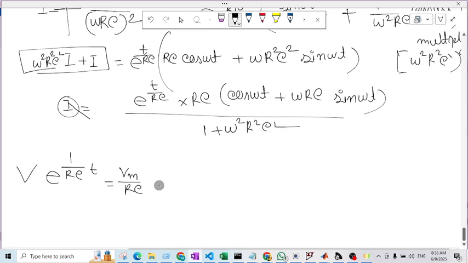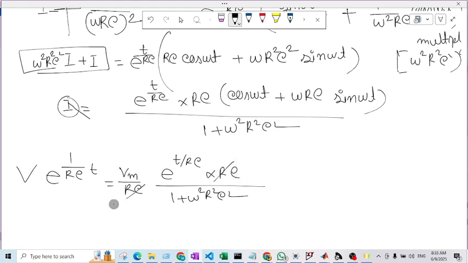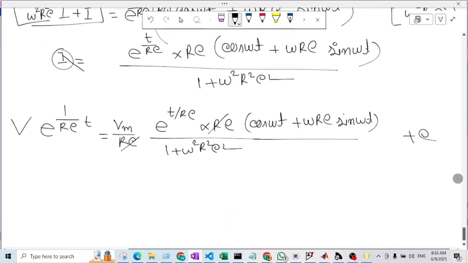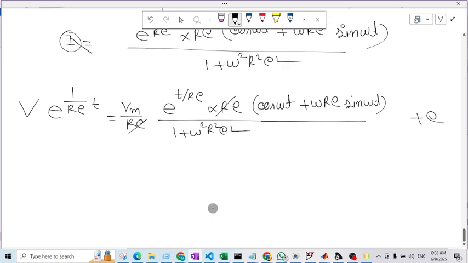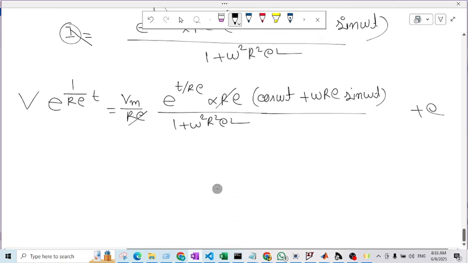Now it's I, a big I, e to the power t by RC, the RC cancels out, and then cos omega t plus omega RC sine omega t plus c. Okay, now I will use another thing here. So this is our answer.